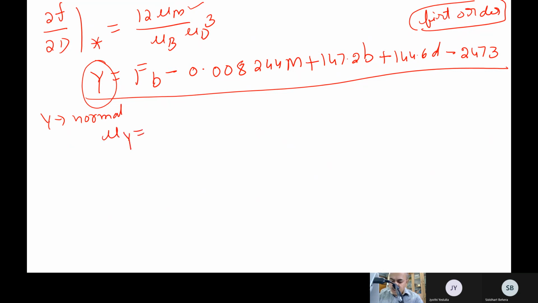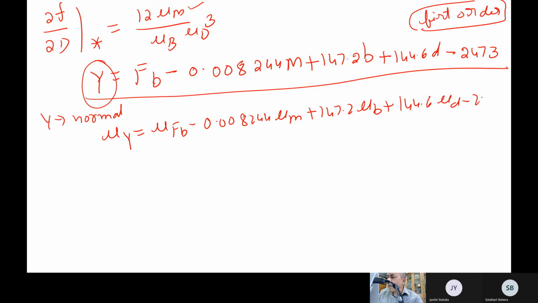So mu of Y means you dump in the mean value of FB times 0.00824, the mean value of M plus 147.2 times the mean value of B, 144.6 times the mean value of D minus 2473. So substitute everything. We will get 775.4, and then the standard deviation also. It is straightforward, so you can substitute all those numbers.